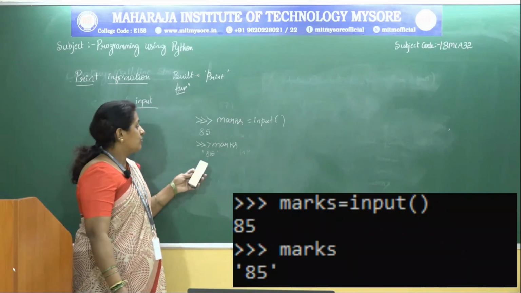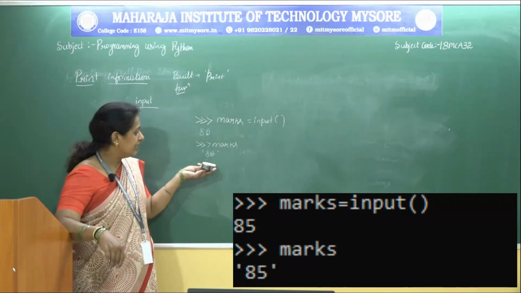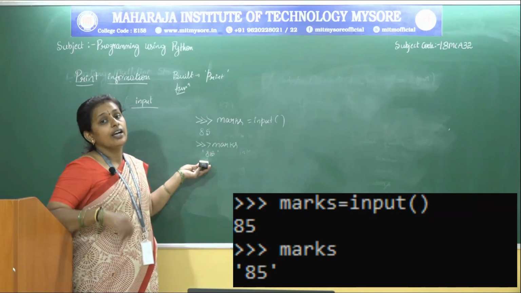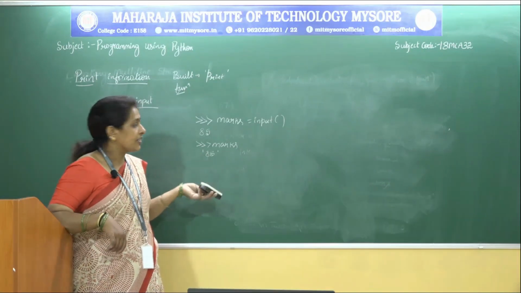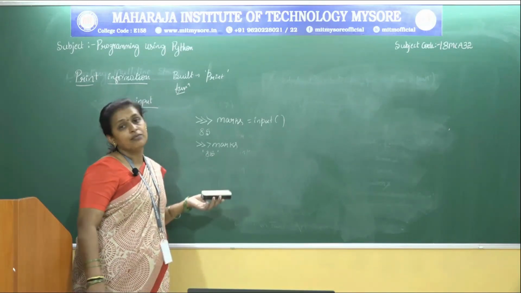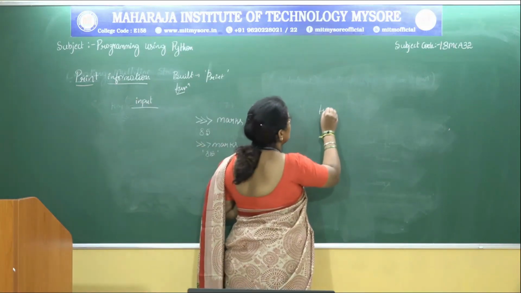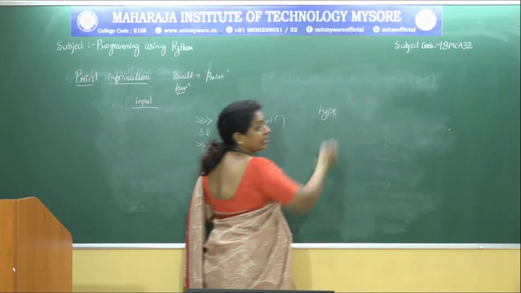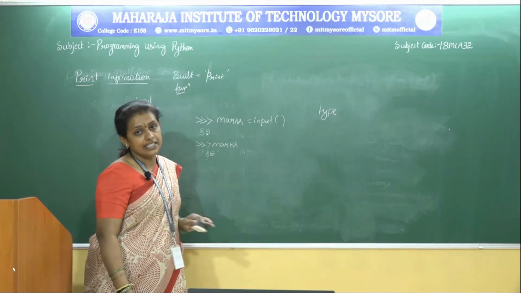Whatever the value is, it looks like an integer value, but it is of type string. So how do we know the type of the value? For that we have a built-in function called type. This tells what kind of object it is.